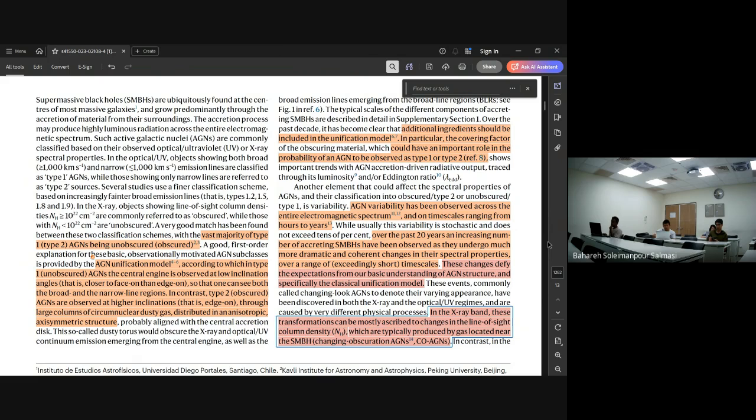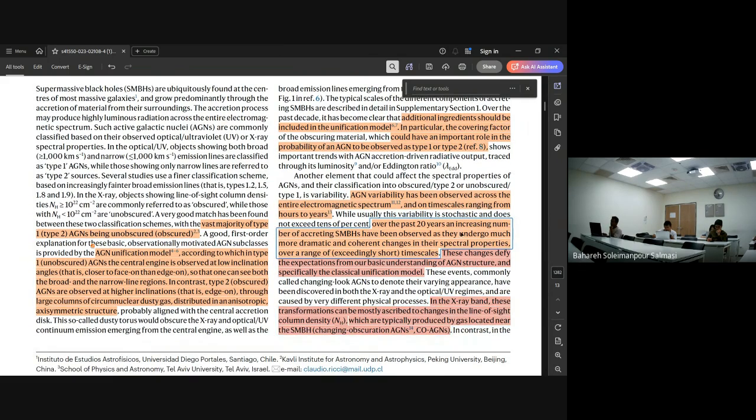You can see the inner parts of the AGN, allowing you to see the broad line region. And we have type 2 AGN, where you are looking at it face on, it is obscured, and therefore you cannot look at the broad line region that is hidden behind the cloudy and dusty torus. So that is the AGN unification model.